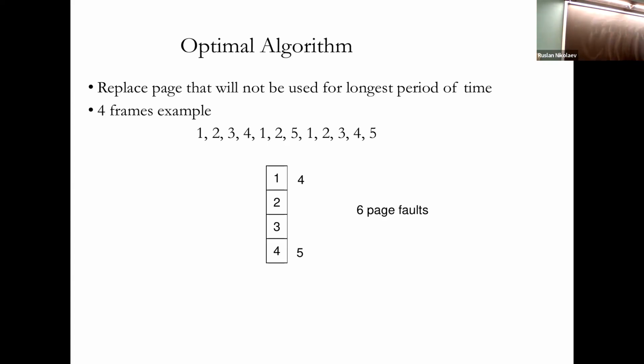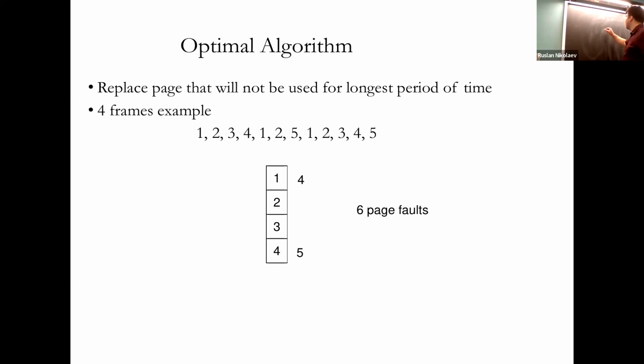So we have 1, 2, 3, 4, 1, 2, 5, 1, 2, 3, 4, 5. We have 4 frames now, and the idea is to replace the page that will not be used for the longest period of time.